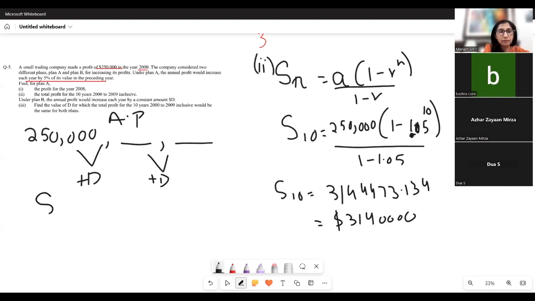So the S10 would be the same as that of the previous part, 314,473.134.